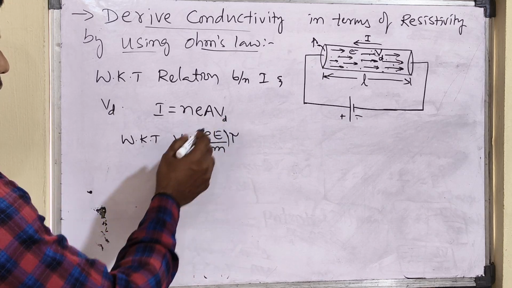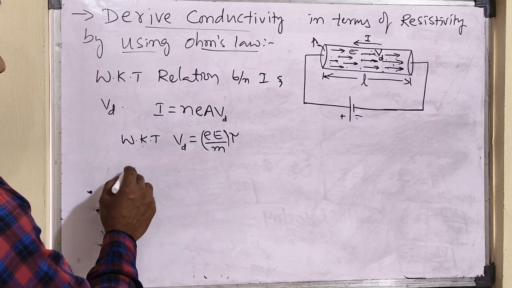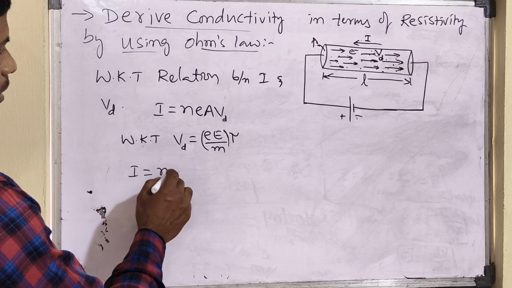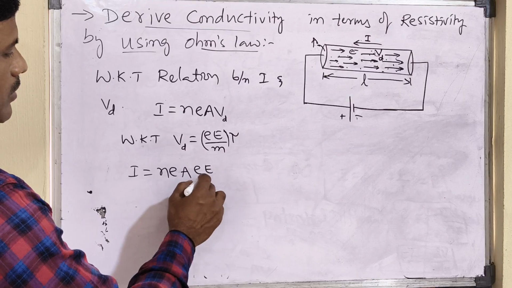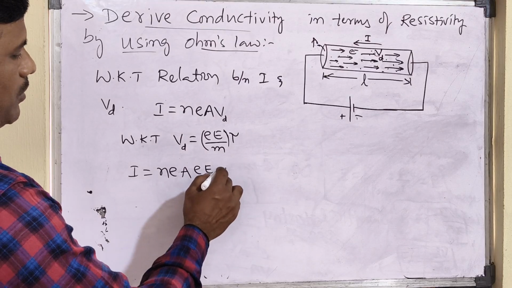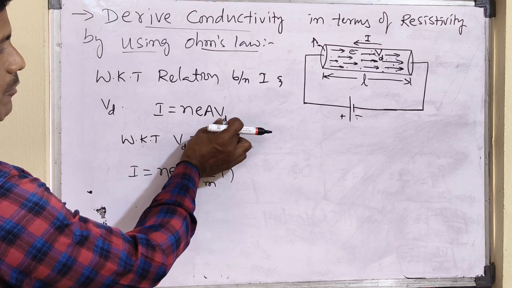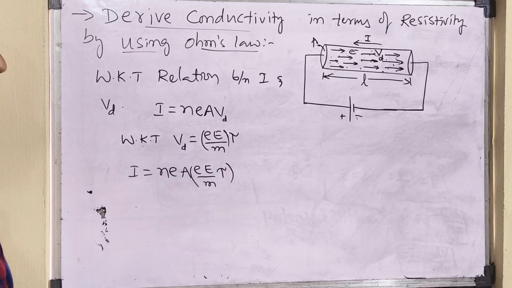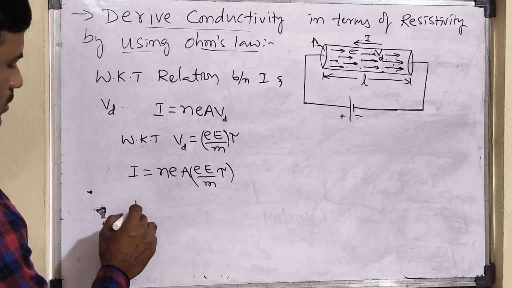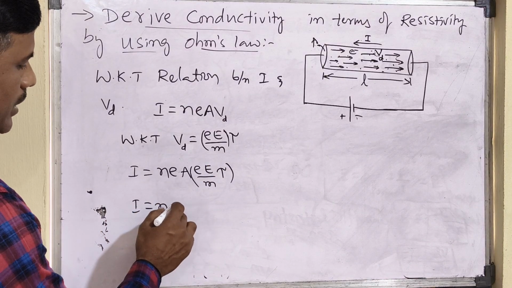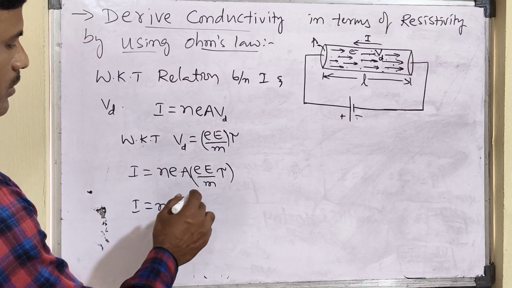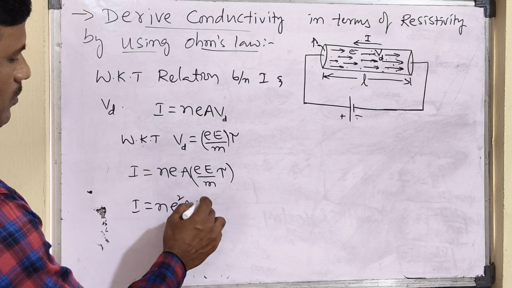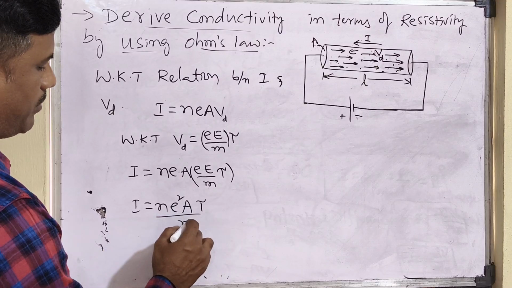Now substitute the Vd value in the above equation. So I is equal to n e A times eE divided by m into tau. This Vd value is only substituted. So next, I is equal to n e A, e into E, that is e square into tau divided by m.